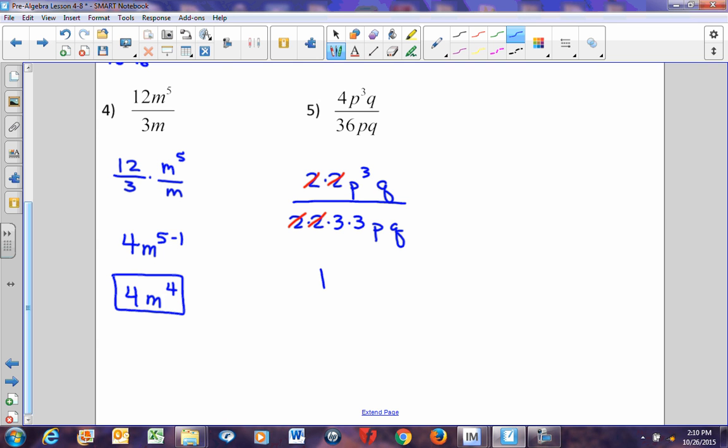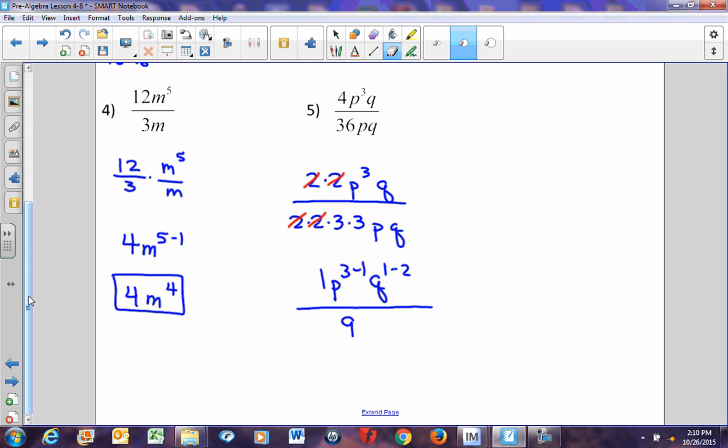So I have 1, p to the 3 minus 1, q to the 1 minus 2, all over 9. Oops, that's q to the 1 minus 1. How did I get a 2 out of that? The q to the 1 minus 1, excuse me, go back there for a second. So we have 1p to the 3 minus 1, q to the 1 minus 1 all over 9.